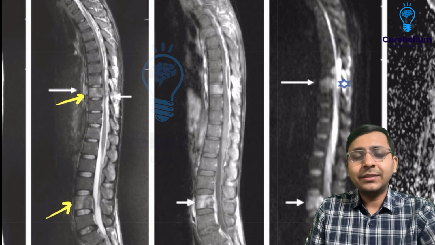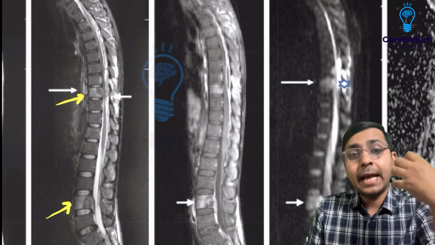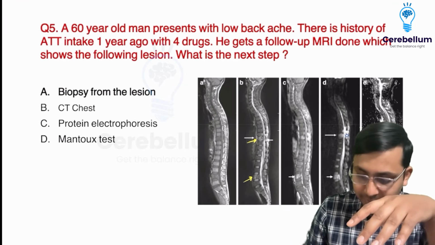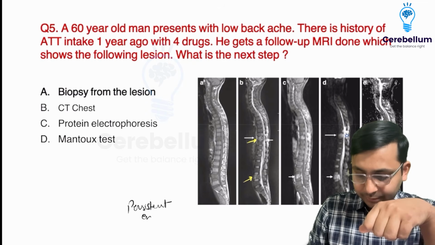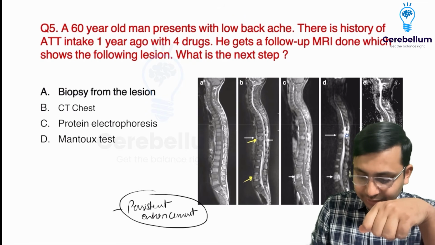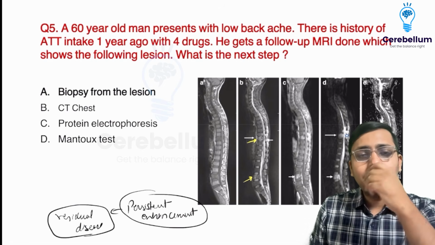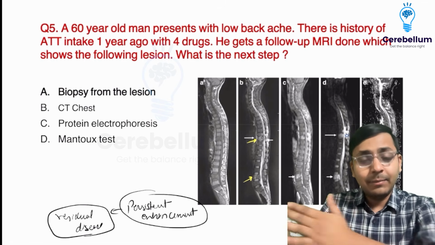Now, whenever there is a history of ATT intake and on follow-up MRI persistent enhancement is seen, what are we mainly concerned about? Not the lesion per se, but the persistent enhancement. That means there is residual disease. Now we want to see whether the patient has drug resistant TB or extremely resistant TB.